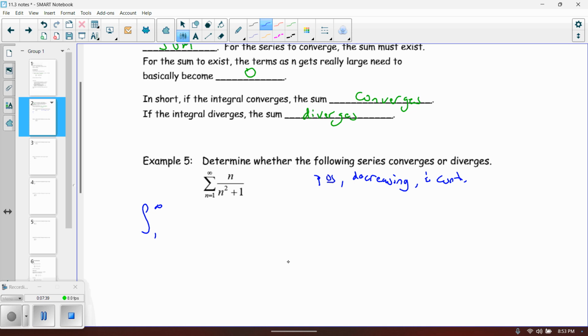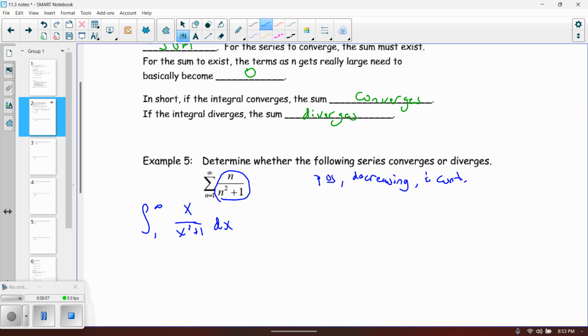now we have to create a function of x. Well, we're going to let f of x be this thing right here. We're just going to replace it with x's instead of n's. Technically, you could use n's, but I like to replace it with x's. So it's going to be x over x squared plus 1 dx. Now, as we know, we cannot actually take an integral to infinity.